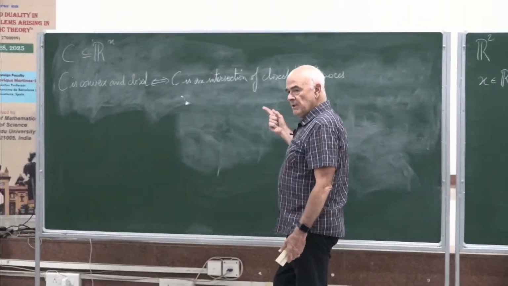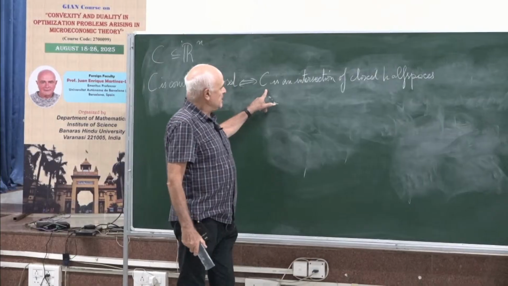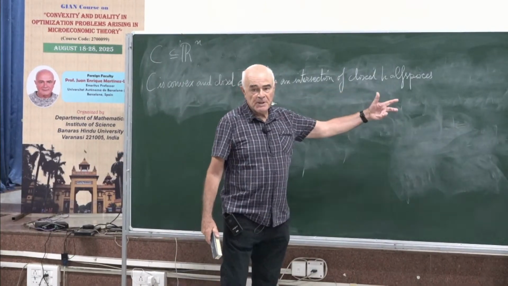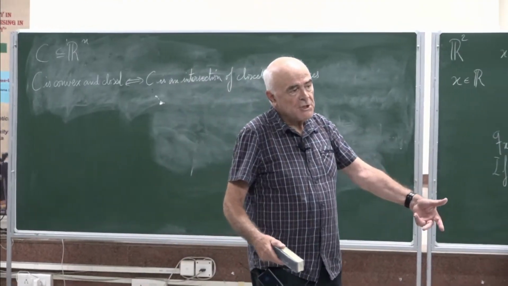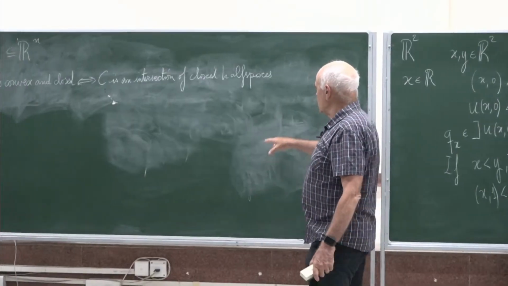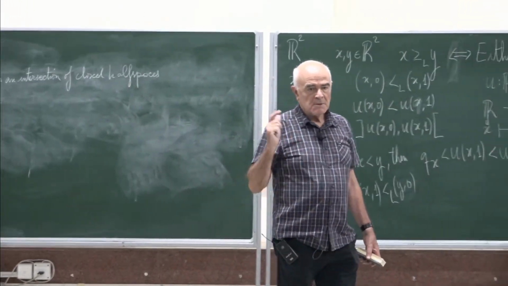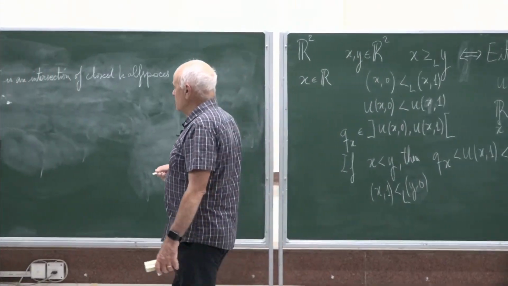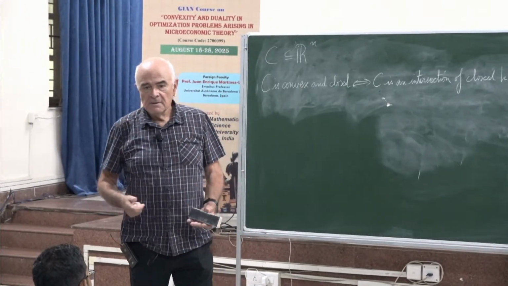From right to left, there is nothing to prove, because if C is an intersection of closed half spaces, the intersection is closed, being an intersection of closed sets, and convex, being an intersection of convex sets, because half spaces are convex. So from right to left, we don't need anything.